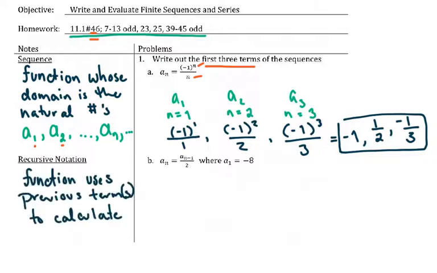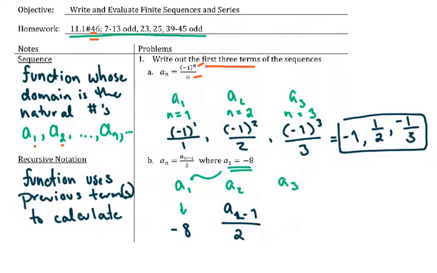So in this case, when we're looking at our a1, a2, a3, we already know the first one, right? This is then -8, which is very convenient. But then the rule says, to find the next term, take the one before it, divide it by 2. So to find a sub 2, you would take a sub 2 minus 1, which is just a sub 1.